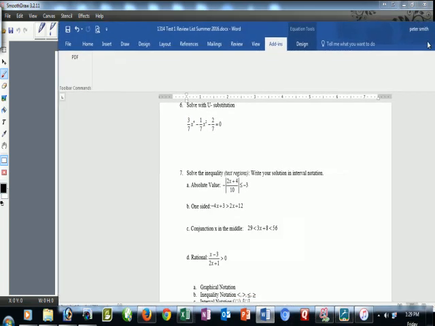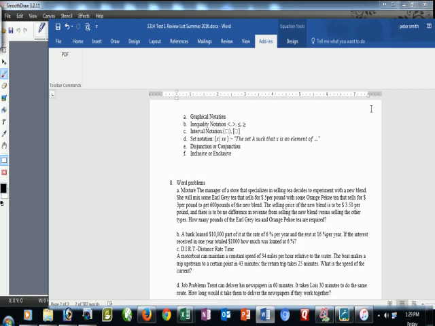Okay, let's look at this inequality that has an x in the middle.